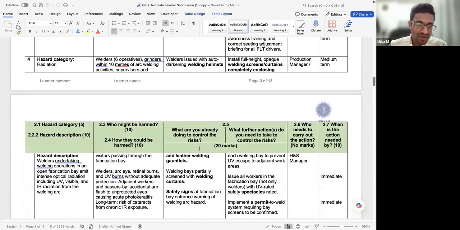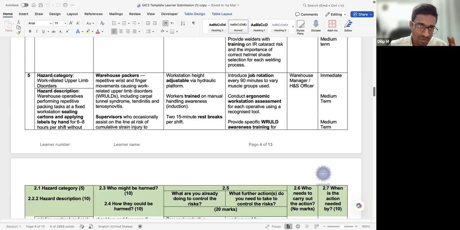Likewise, if I have to give a clear description of a WRULD, here it is who is performing what activity which could result in upper limb disorder. So warehouse operatives are performing a repetitive packing task at a fixed workstation where they are sealing cartons and applying labels by hand.